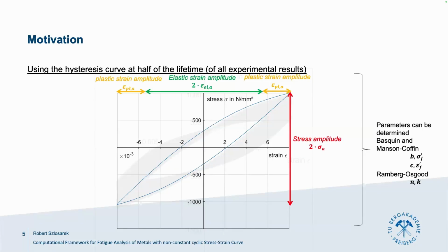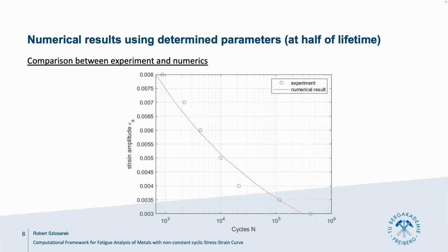This I did in the first step, and then you get these results. The red is the numerical result. The blue dots are the experiments. I would say it's not that bad. It's quite okay.